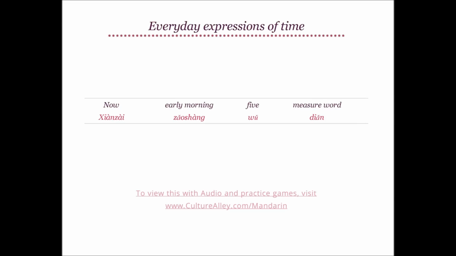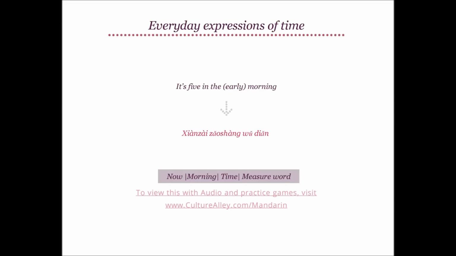Early morning becomes 早上. 5 becomes 5. And the measure word translates to 点. Thus, it's 5 in the morning will become 现在早上5点. Using the sentence structure now, morning, time, and measure word.